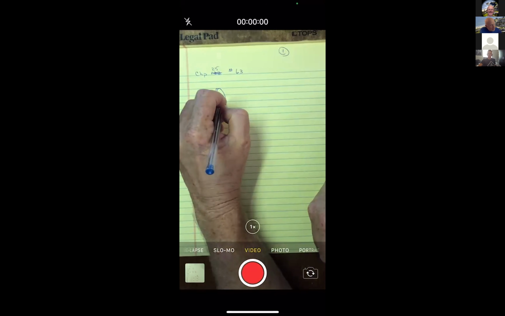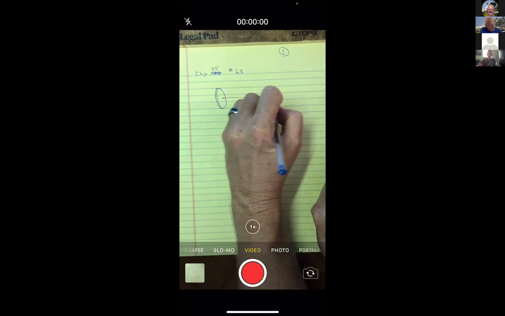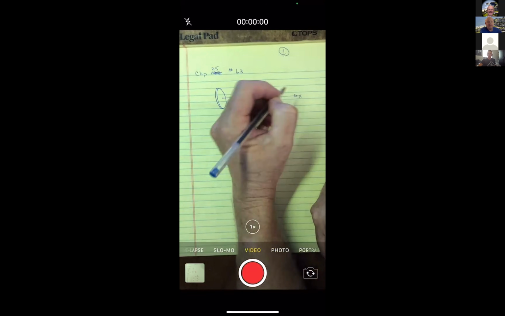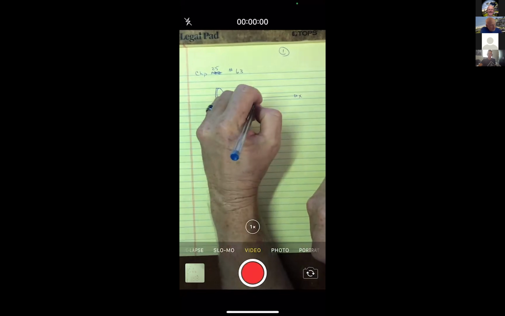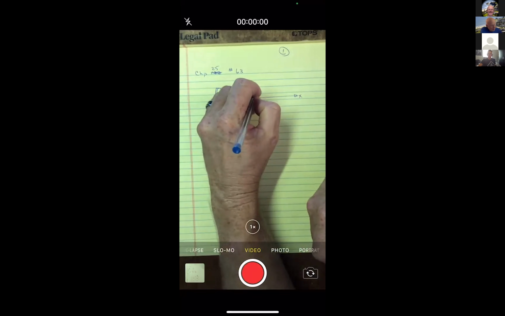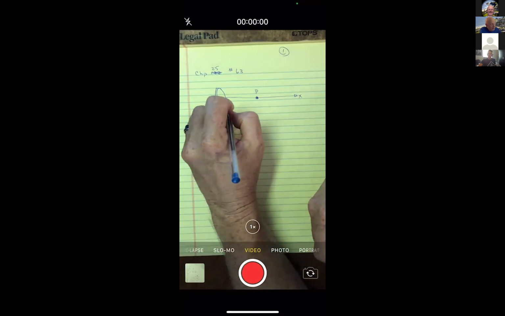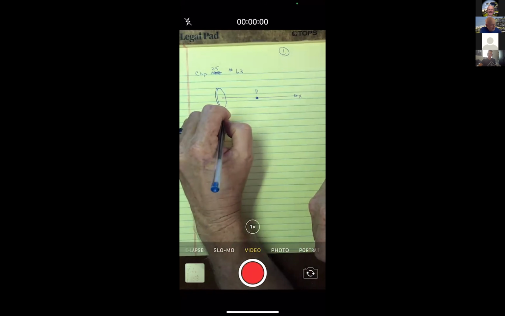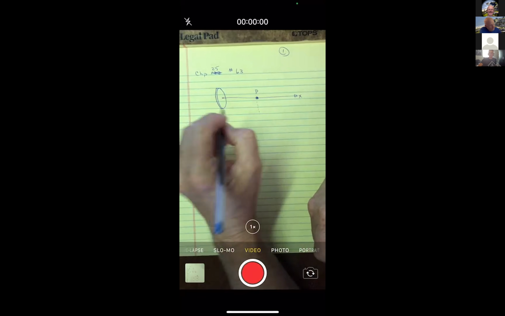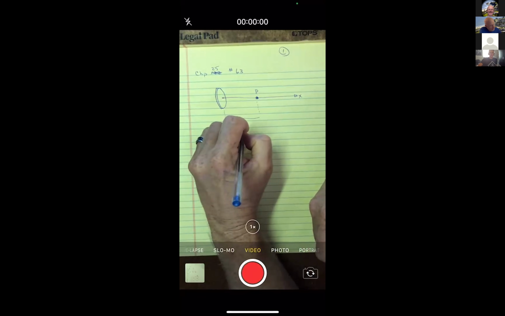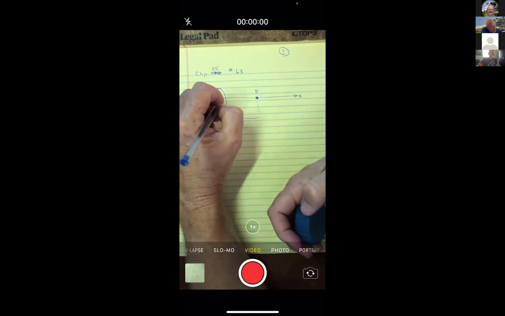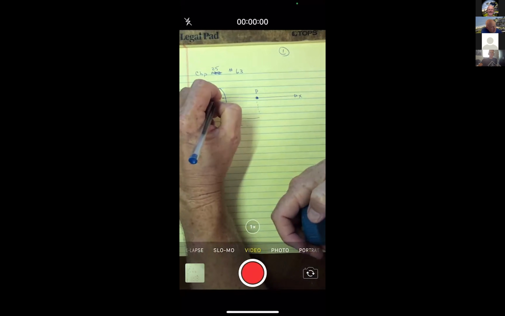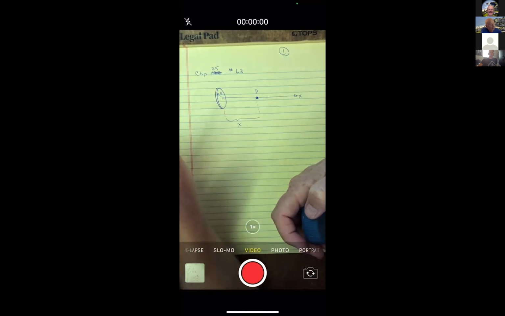And then straight out from the center here, which I will label as the x-axis, there is some point P, which they say is a distance x. And of course, the disk has a radius of capital R.